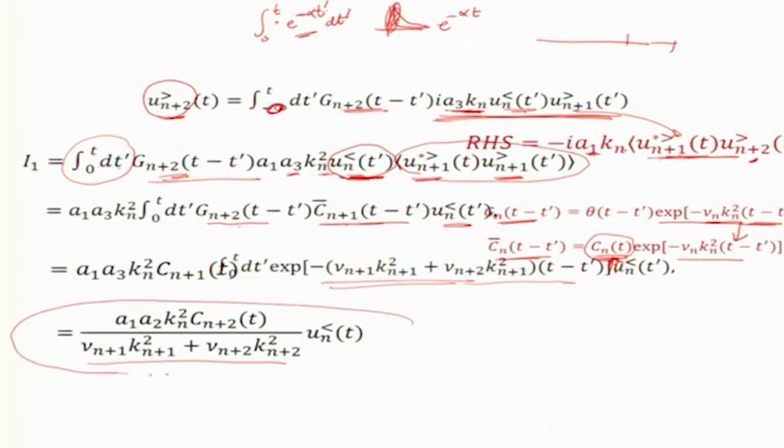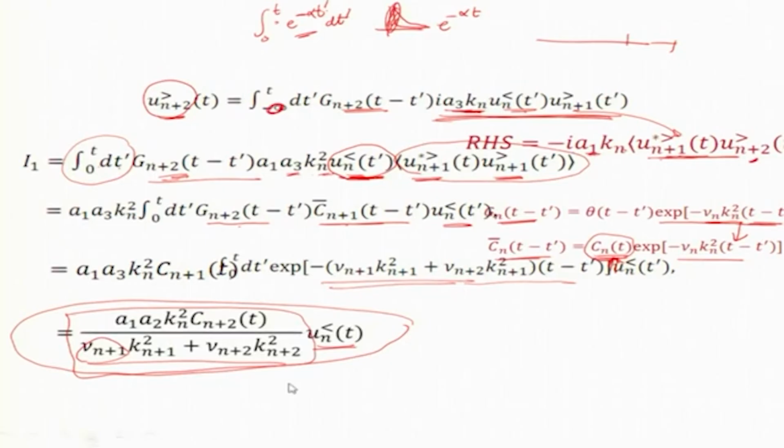So, my integral of the first diagram, there are two Feynman diagrams, the first diagram is this, and this is nicely U n T. I do not know what is C n plus 2 right now, but I will make some assumptions. And I do not know what is nu n plus 1, but I will make some assumptions and I get a number. Okay. Right now I 1 is some function of C n plus 1, C n plus 2 and nu n. Okay. I need to do some more work.